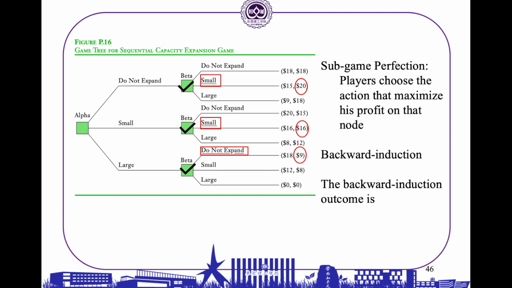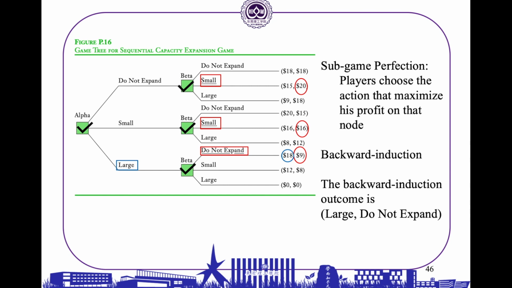At the timing of alpha's decision knot, alpha knows beta's reasoning we have analyzed, so he would choose large expansion to get $80 million. The backward induction outcome is therefore large, do not expand, in this sequential moving version of the capacity expansion game.